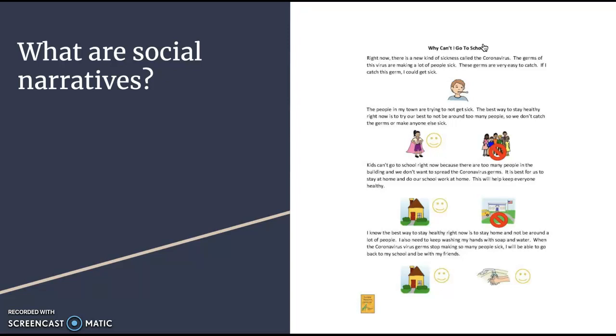Social narratives are visually represented stories that describe social situations and socially appropriate responses or behaviors to help individuals with autism spectrum disorder understand social situations in new ways and acquire and use social skills.